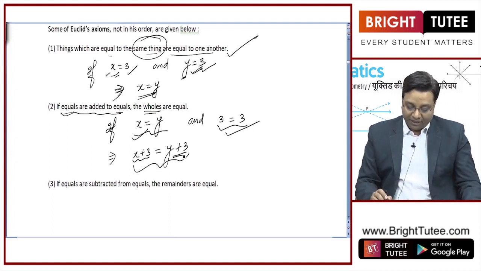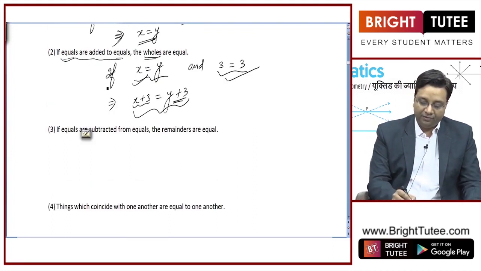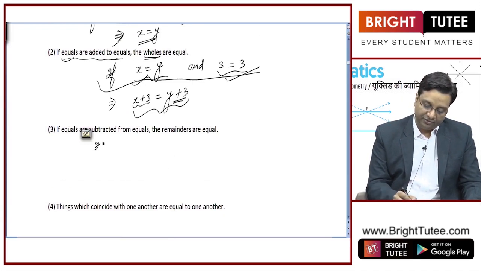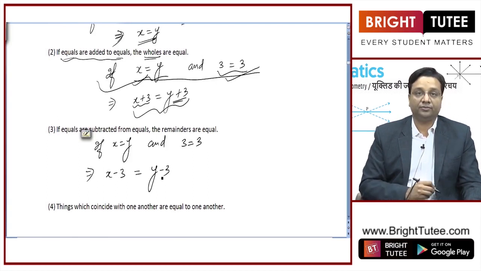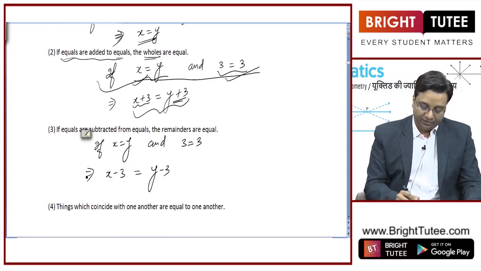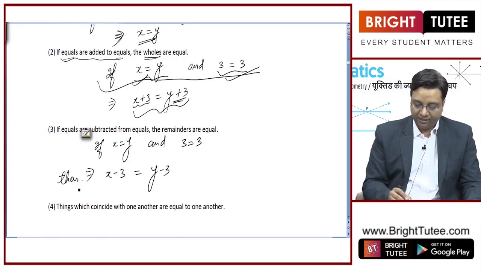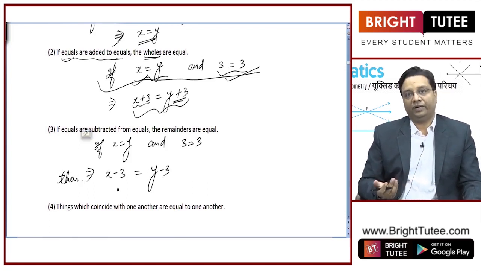If equals are subtracted from equals, now I will start with this statement here. If x is equal to y and 3 is equal to 3, then x minus 3 will be equal to y minus 3 also. We will write then x minus 3 is equal to y minus 3.